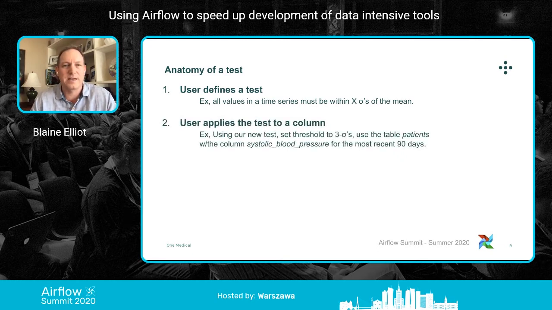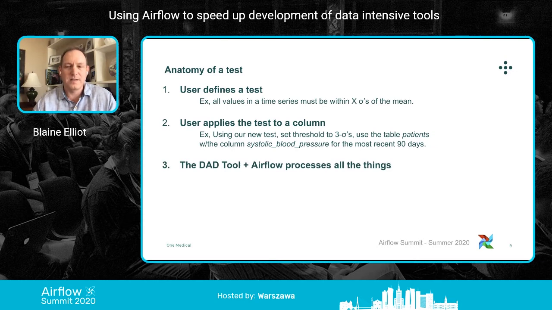And so in this example, let's say that, using our new test, we set a threshold to 3 standard deviations, and using the table of patients with the column systolic blood pressure for the most recent 90 days, our test is essentially going to be look for all patients and count the number of errors where these blood pressure readings fall outside of 99.99% of normal.